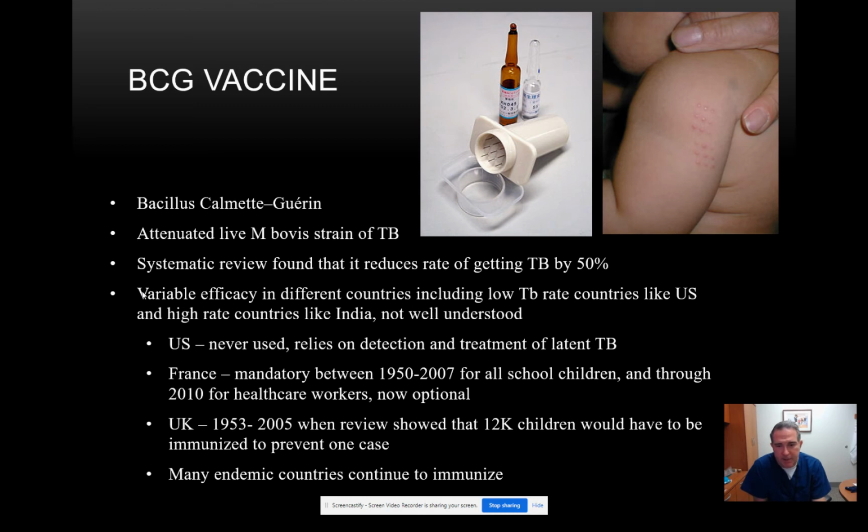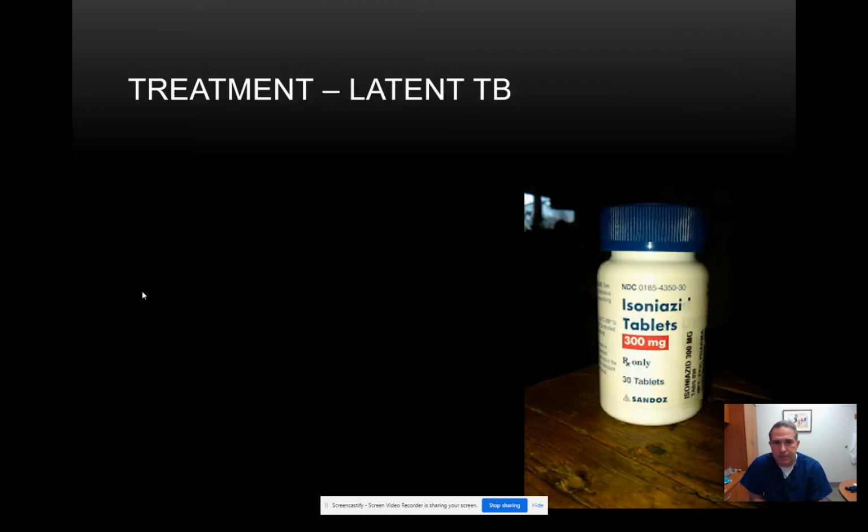In France, it was mandatory for many decades. Now it's optional. In the UK, it was used for many decades, but then they realized that they had to vaccinate about 12,000 people to prevent one case. So then it was felt to be not recommended. Many endemic countries do continue to use this vaccination.